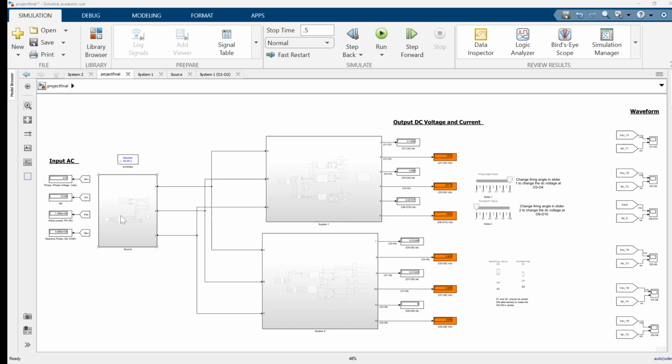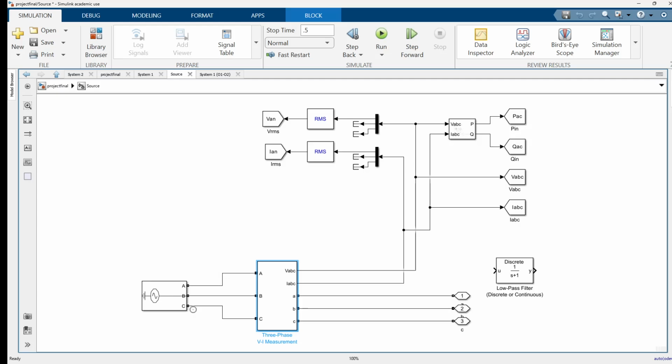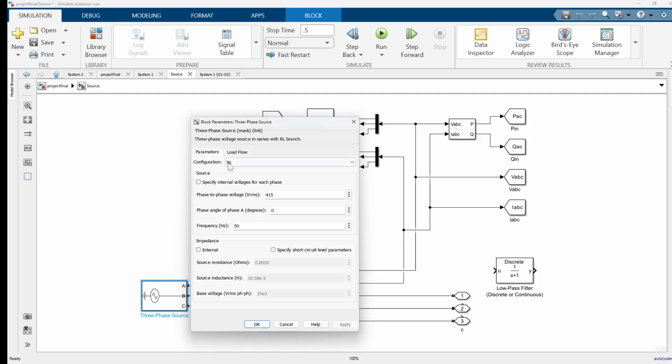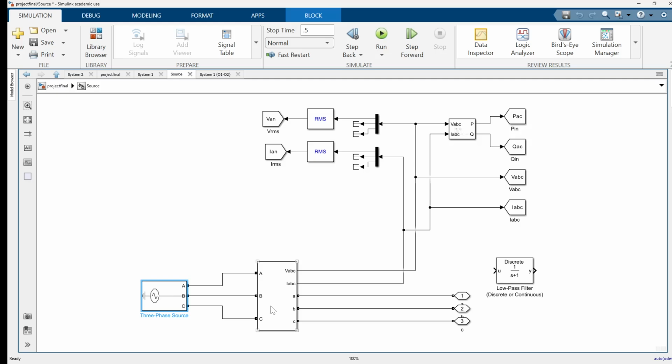Now you can see that I have 3 subsystems, where the source is a 3-phase source with 415 volts phase-to-phase at a 50 Hertz frequency.